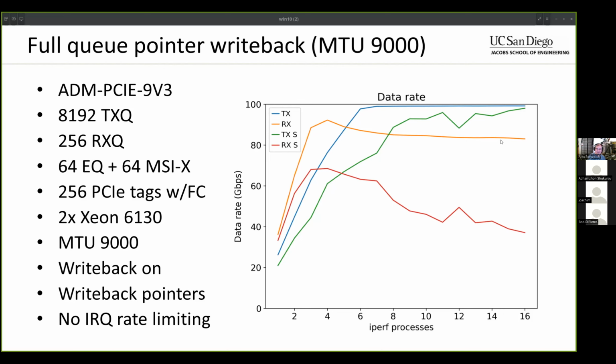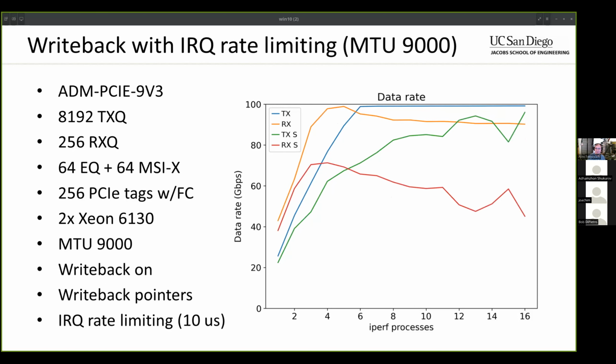So what we need to do is delay the event and/or the interrupt, such that a few packets can stack up in the queue before you process it. Unfortunately, we don't have a way of doing that with this particular variation of the code, but with the interrupt rate limiting, where not the first one gets delayed, but subsequent ones, that happens. Basically, this curve gets pushed up a little bit.